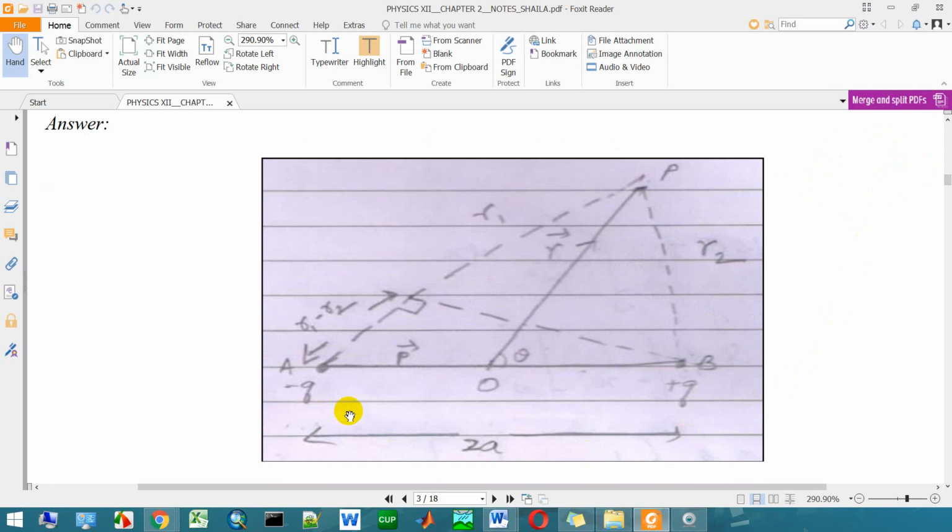Dipole is a system of two equal and opposite charges, that is minus Q and plus Q, separated by a small distance 2a. And as we know, the direction of the dipole moment is from minus Q to plus Q.